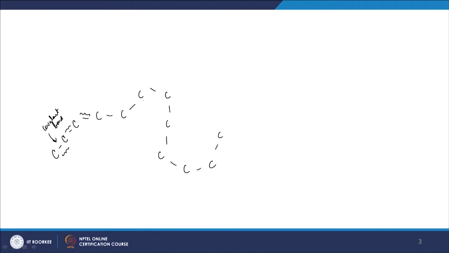Then between, say, any three of these carbons, we have something known as the bond angle, which happens because there is a covalent bond here and there is a covalent bond here. If I know what a covalent bond is, it is formed by overlap of electron clouds here, electron clouds here.